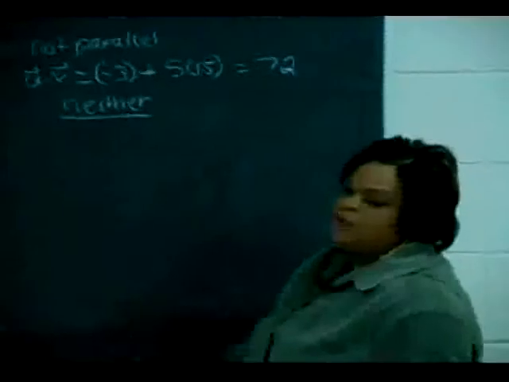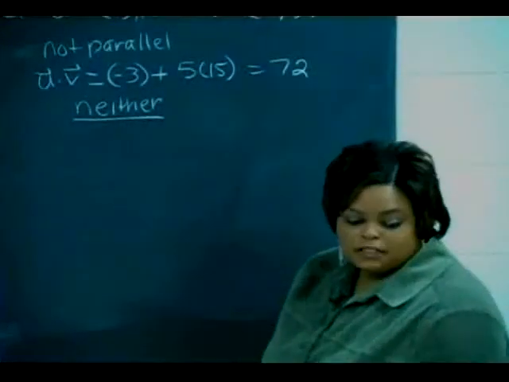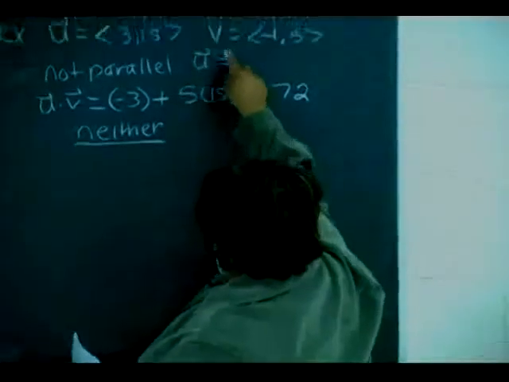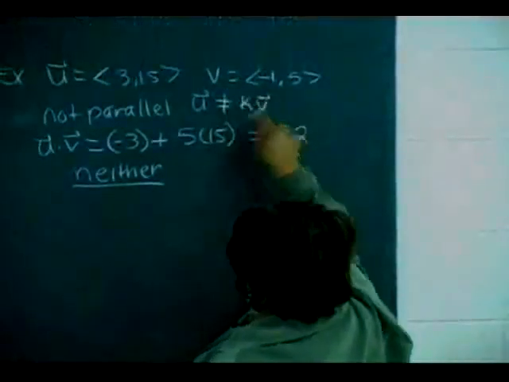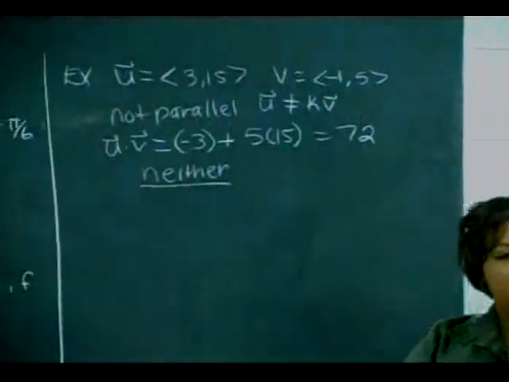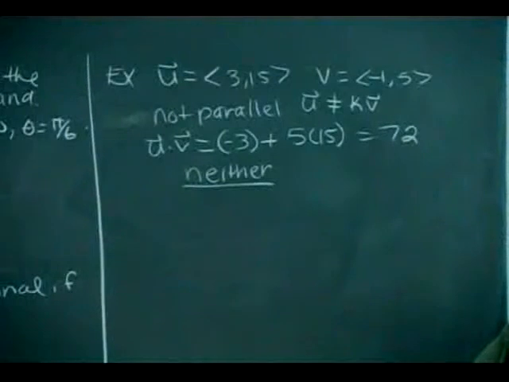If I can multiply one of these vectors by a number and get to the other one. So it's not parallel because U is not some constant times V. Almost, but not quite. What does the K mean? A constant. Any constant.